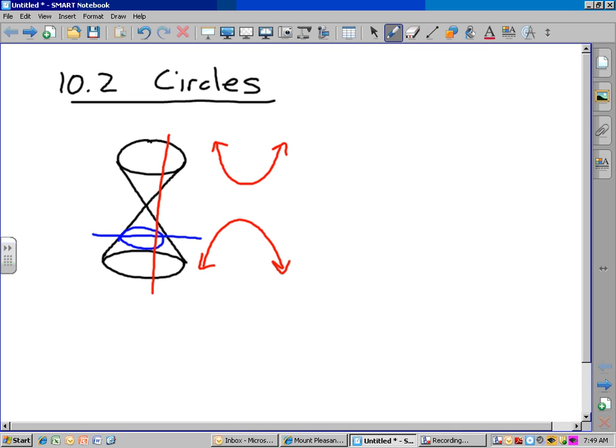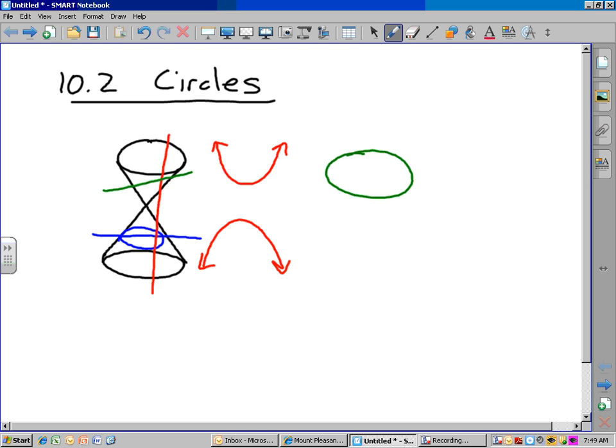If we cut at an angle, what we'll end up with is an ellipse. Some say egg-shaped. It's not really an egg shape. It's perfectly symmetrical.